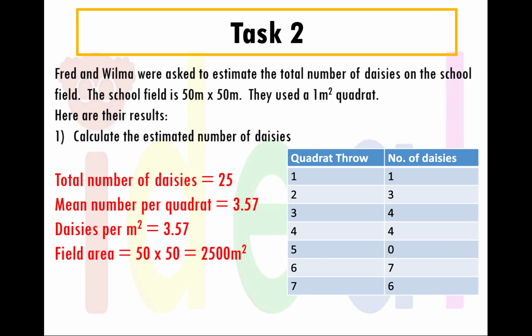And then once you got that number, you were able to work out how many daisies on average were in this field. So you needed to do how many daisies there were per metre squared times by the field area. So that was 3.57 times 2,500, and your answer should have been 8,925 daisies. And remember that that is the estimated abundance of daisies on that field.